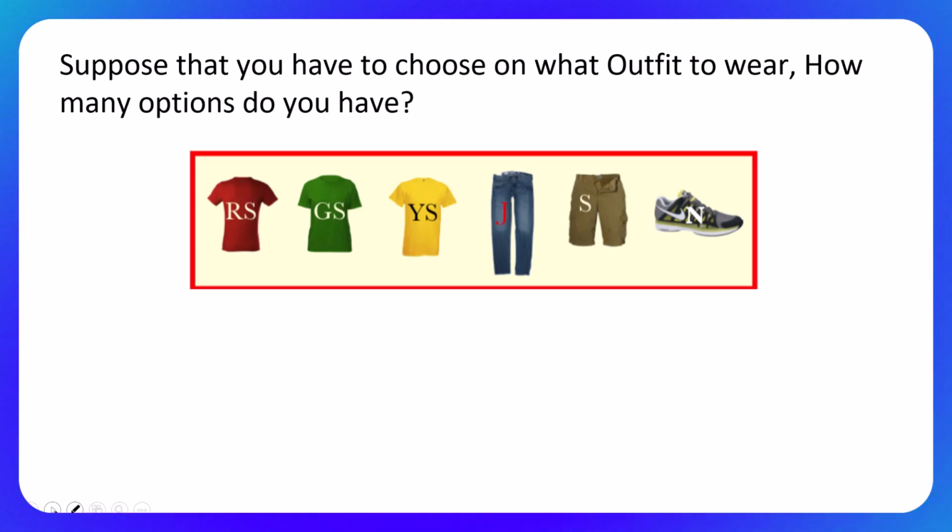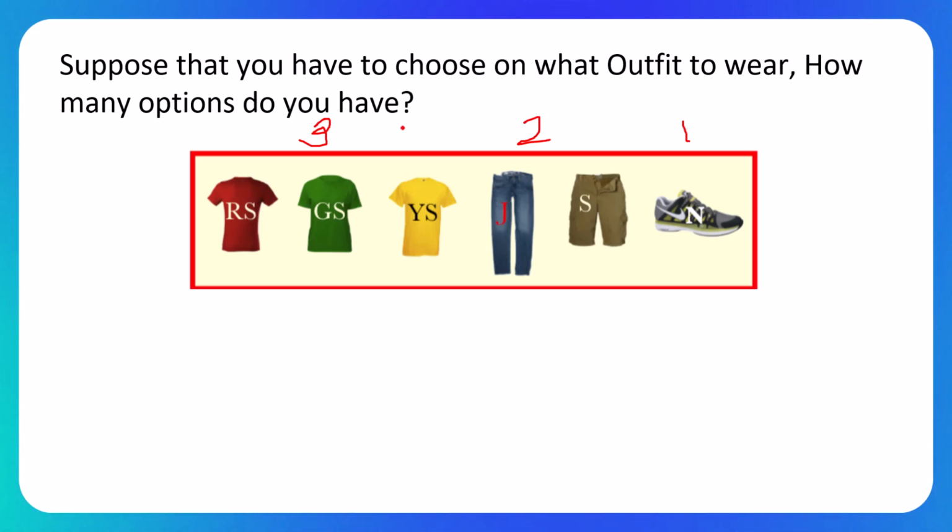So this is the basic counting principle. We have 3 choices in shirts, red, green, yellow. 2 choices in bottoms, jeans or shorts, and 1 choice in shoes. Okay, so I have 3 here, 2 here, and 1 here.